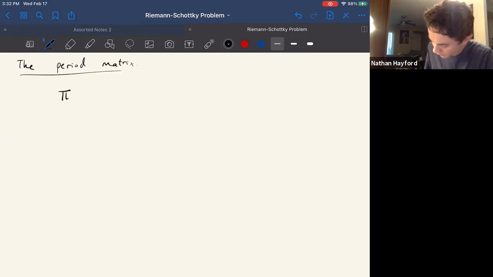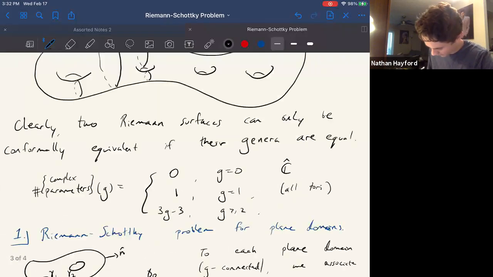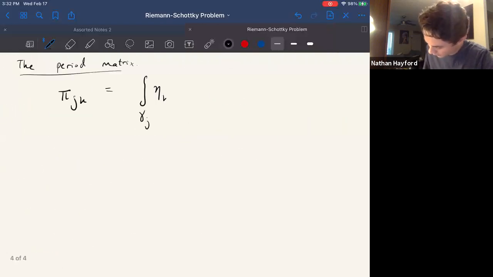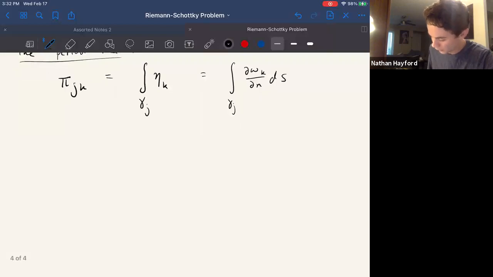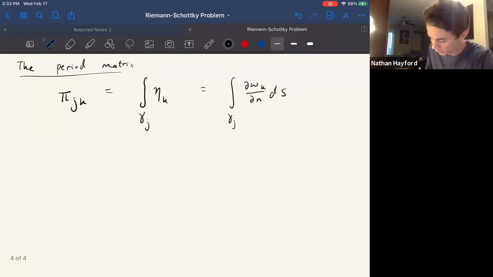I'll denote it by pi, with components jk, defined as the integral over gamma j of eta k. I integrate this differential, d omega k dn ds, over the jth boundary component. And this number I get at the end is going to be called the jkth component of the period matrix.